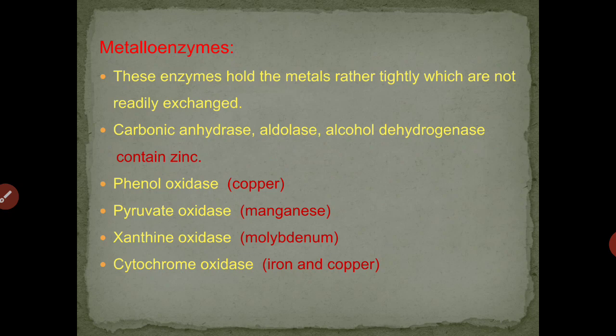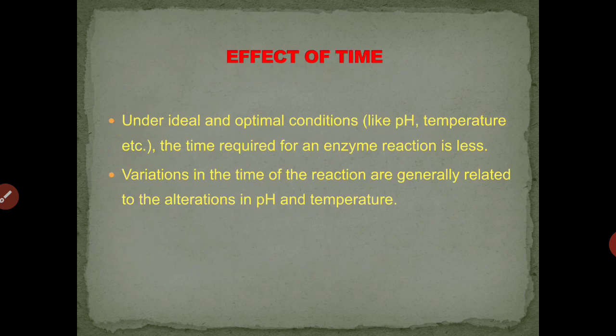Examples are carbonic anhydrase, aldolase and alcohol dehydrogenase, which contain zinc as a part of them, phenol oxidase, which contains copper, pyruvate oxidase, which contains manganese, xanthine oxidase, which contains molybdenum, and cytochrome oxidase, which requires iron and copper, tightly bound with these proteins.